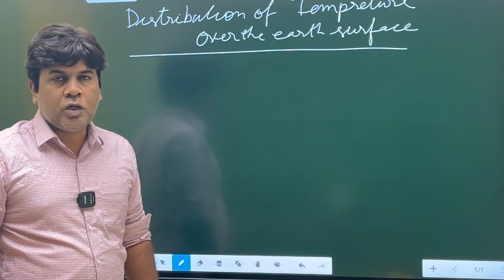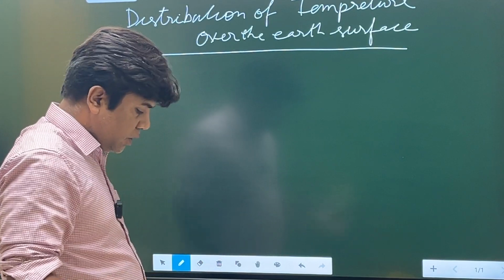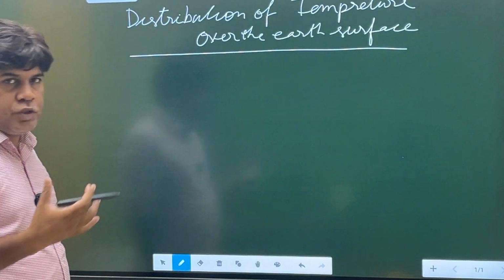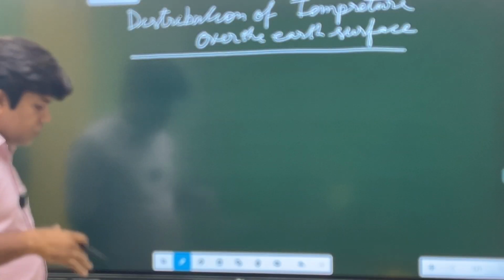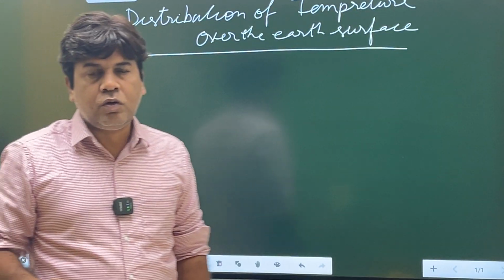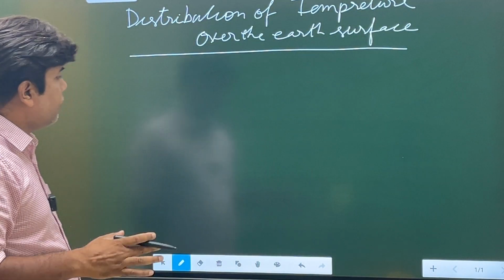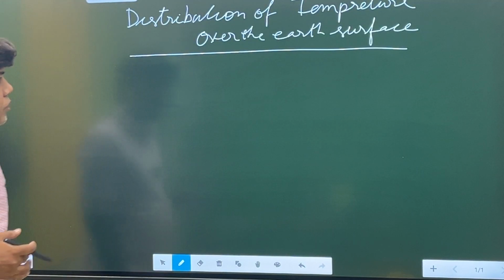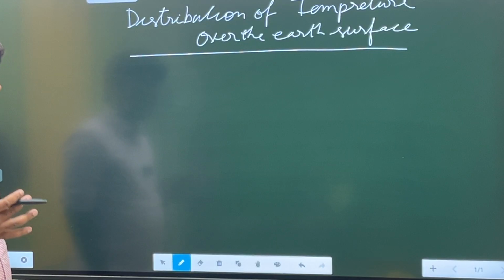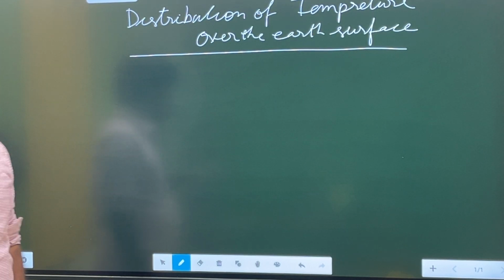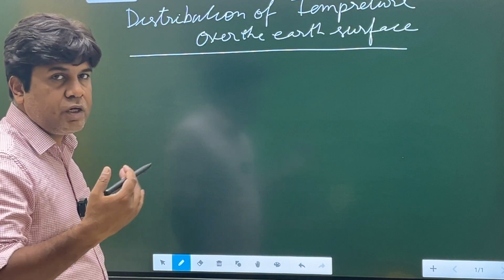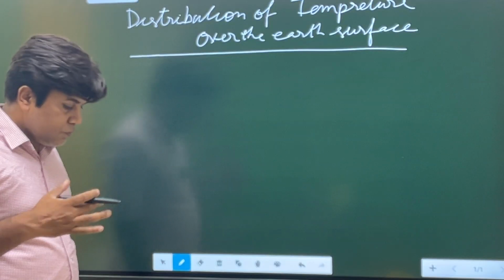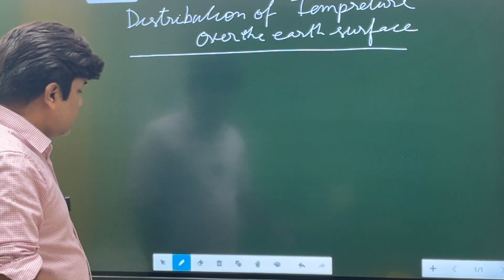Temperature distribution over the Earth's surface is determined by many factors like latitude, altitude, oceanicity and continentality. So in today's video we are going to talk about all these factors, and at the same time we are also going to discuss exactly how these different factors determine the horizontal distribution of temperature over the Earth's surface, because vertical distribution of temperature is different from the horizontal distribution of temperature.